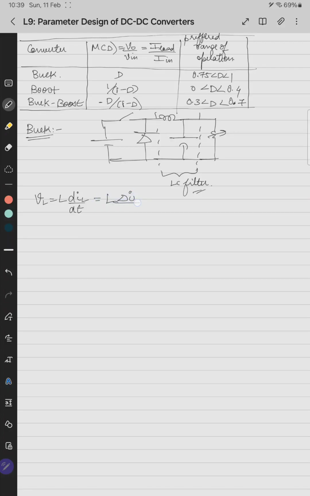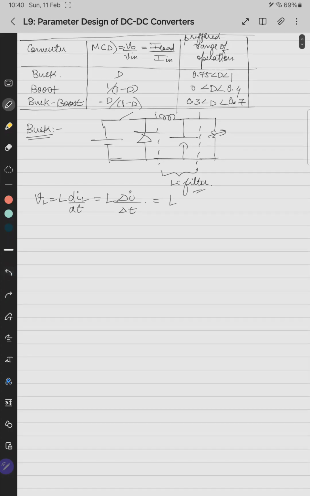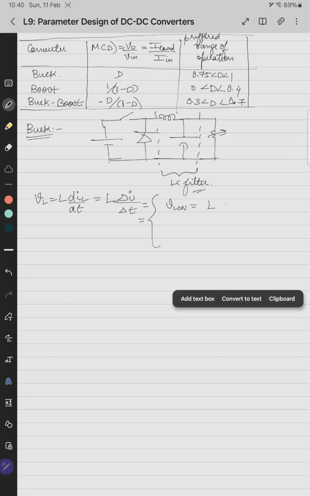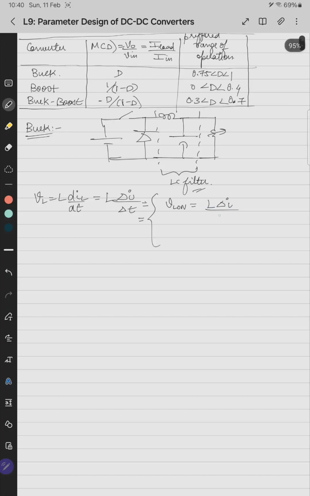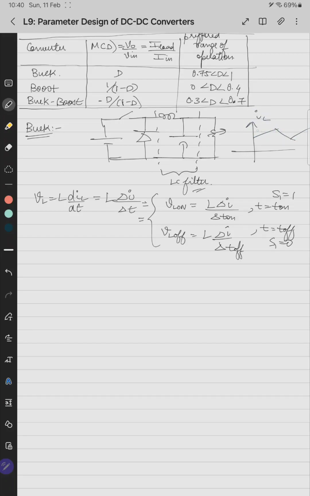You can write it as L delta I by delta T. So VL during on time, when S1 is on, equals L delta I by delta T on, since delta I will remain the same. And when S1 is off, it is L delta I by delta T off, because this is the nature of the inductor current.